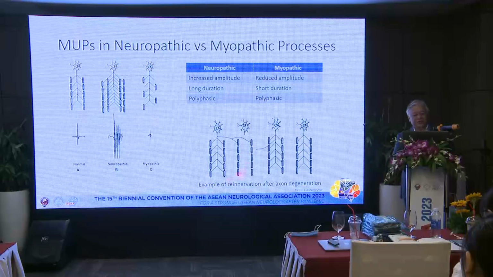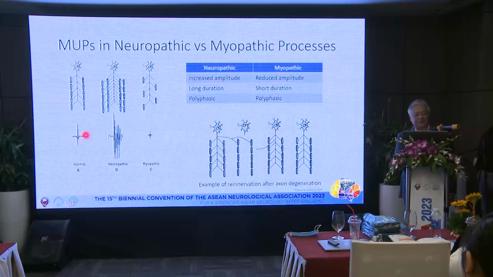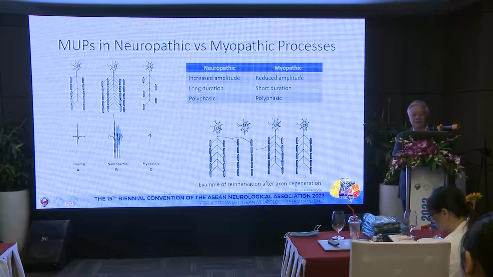So you can see that on this side, when you do EMG, you see this typical triphasic waveform, and that's what normal looks like. But when this motor unit acquires additional muscle fibers, its territory now becomes a lot larger. And when you stick a needle in, you're going to see these large units with long duration and polyphasia.